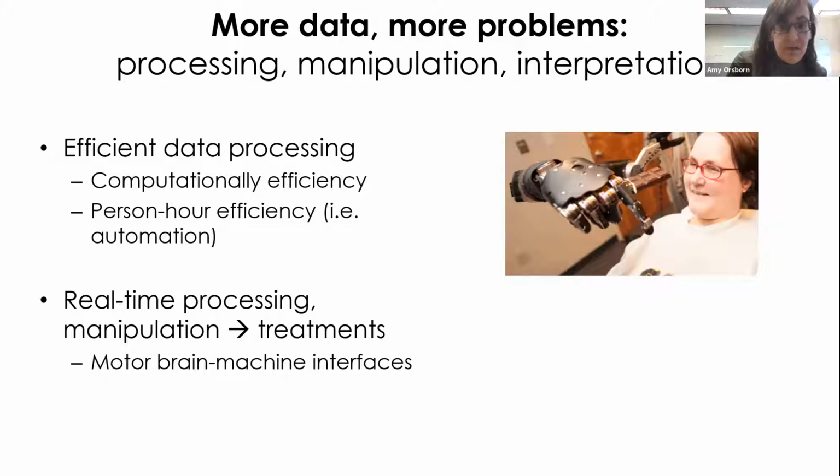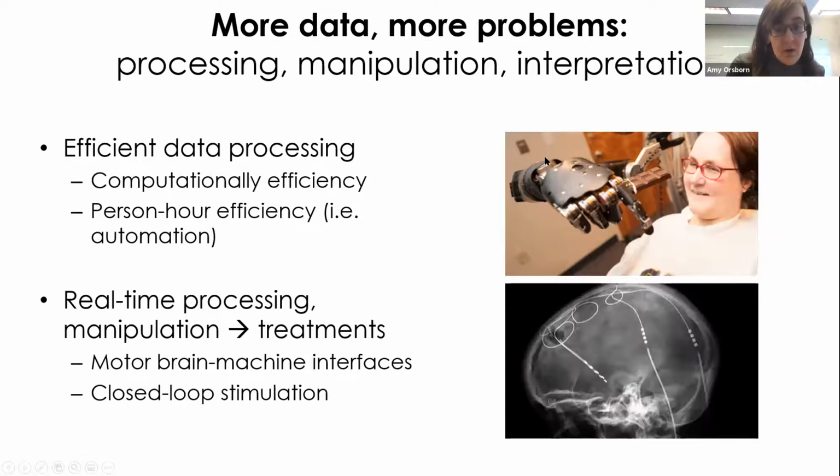Particularly when you think about therapies, things you may have heard about like brain-machine interfaces or brain stimulation for Parkinson's, there's a need to process neural activity in real time in order to guide these different therapies.